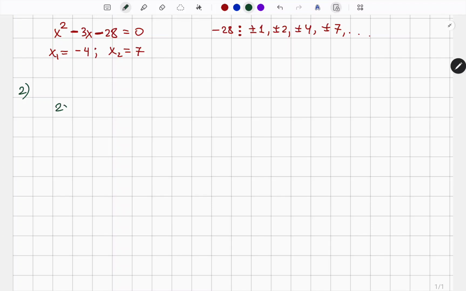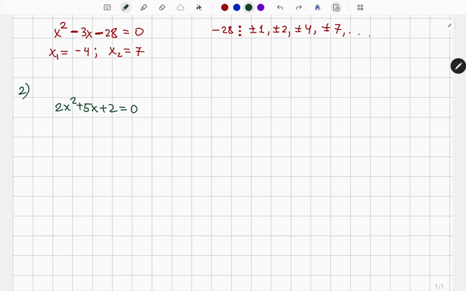Let's say 2x squared plus 5x plus 2 is equal to 0. So the leading coefficient here is 2. It's the coefficient of x squared, not equal to 1. And we're not going to use factorization. I mentioned this in the beginning of the video.